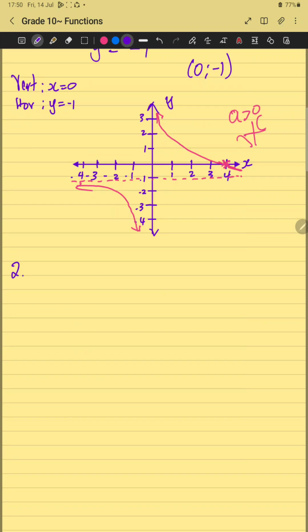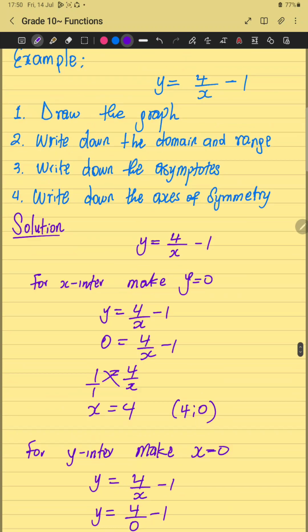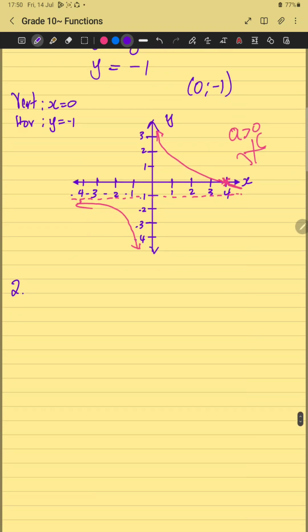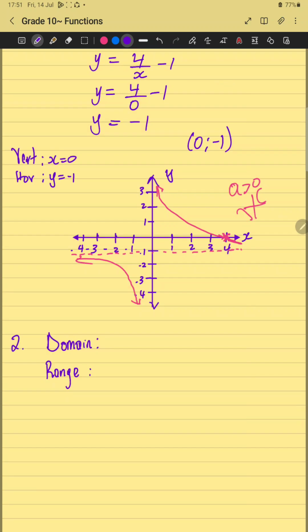Okay. Number 2, you want to write down the domain and the range. You remember that I said for domain and range, we go straight to the vertical and the horizontal asymptotes. So the domain: x is not equal to 0, and therefore x is an element of real numbers. What about y?